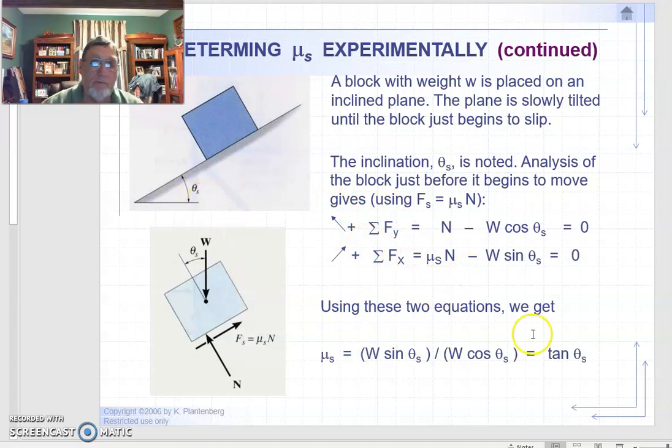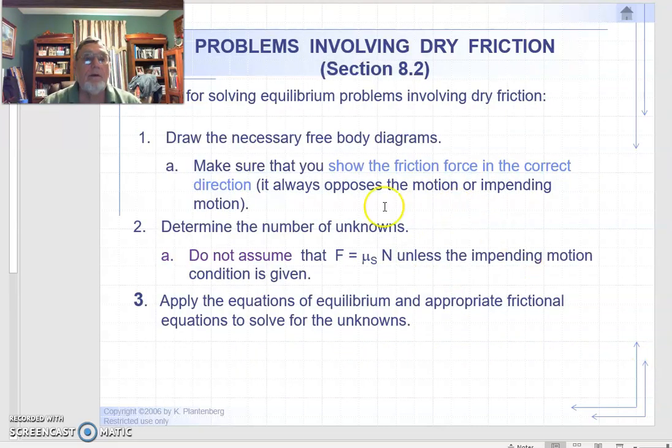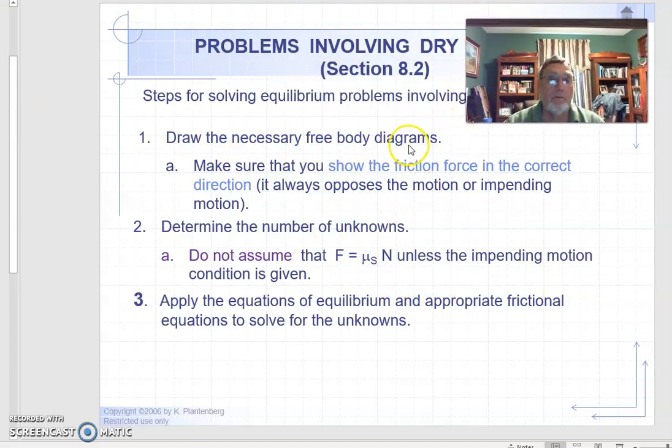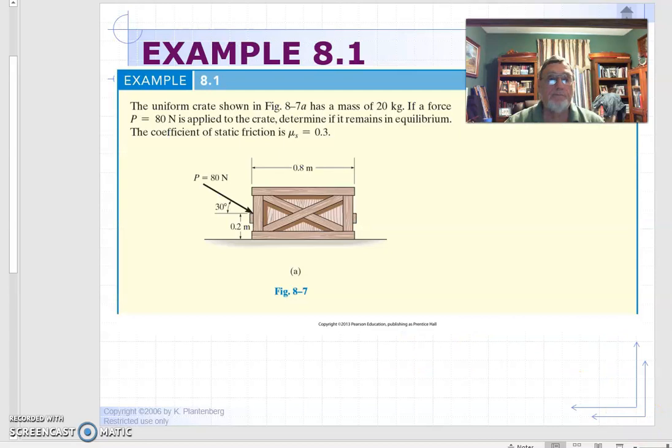You might remember those from physics. There's sort of a list of steps to go through. Do your free body diagram. Assume your direction of friction is opposite to whichever way you would move, which sometimes is a guess. Don't assume the maximum unless you're told it's impending motion, and then you'll just simply apply Newton's laws.